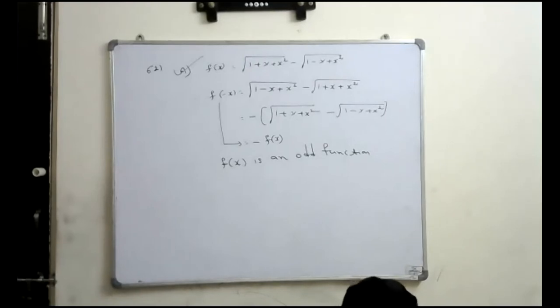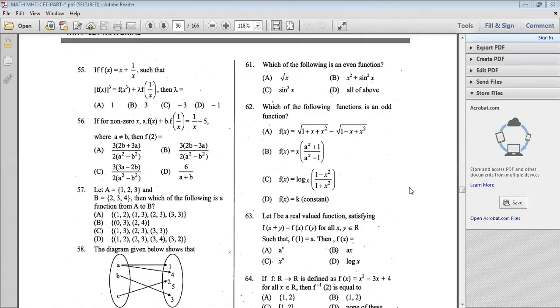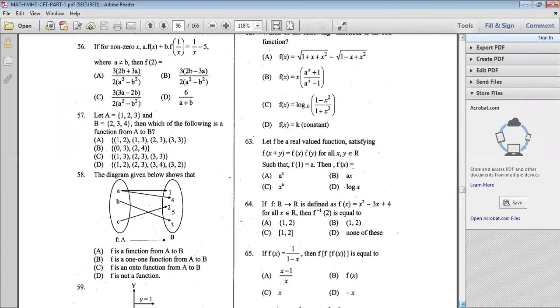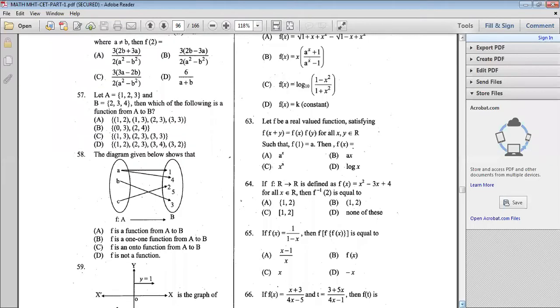Okay, next look at the next problem. 63rd problem, let's observe that. Let f be a real valued function satisfying f of x plus y is equal to f of x into f of y, and f of 1 is equal to a. Then what is f of x?